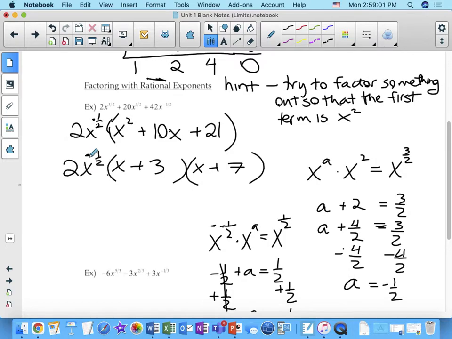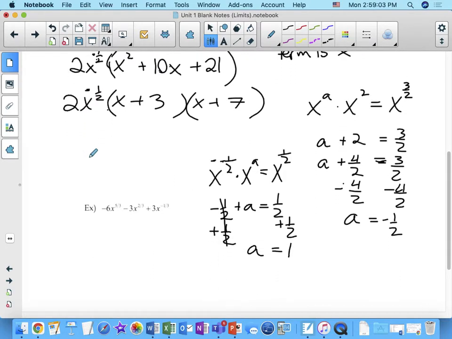All right. What you might actually do as well, we may not leave it in this form because this is a negative exponent, right? So typically what we do at this stage is we'd write it this way.